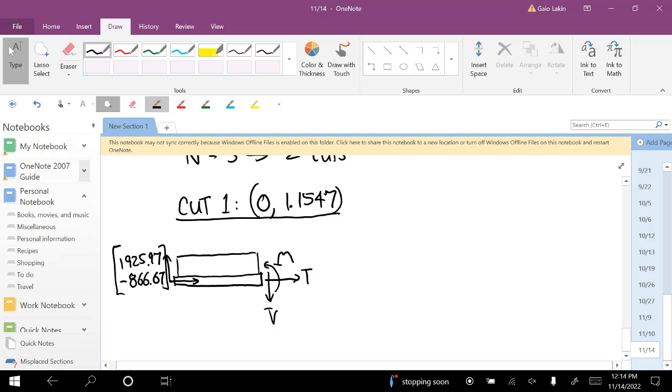I guess I'll draw those as distributed loads one more time. So we have the horizontal one going this way of 127.435, and we have the vertical one going down of 220.724.